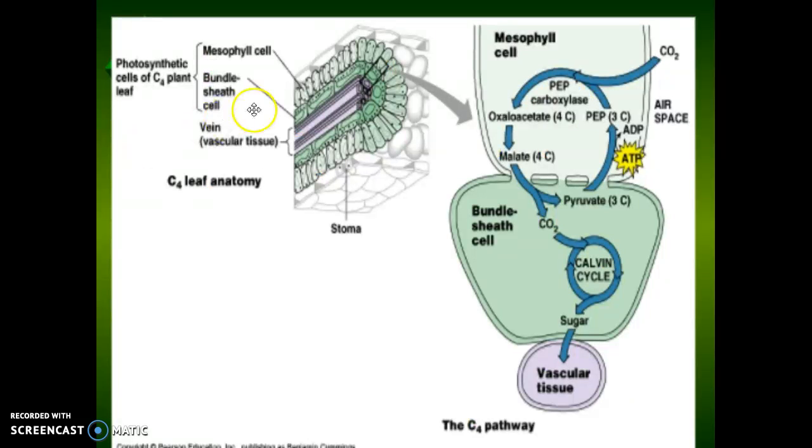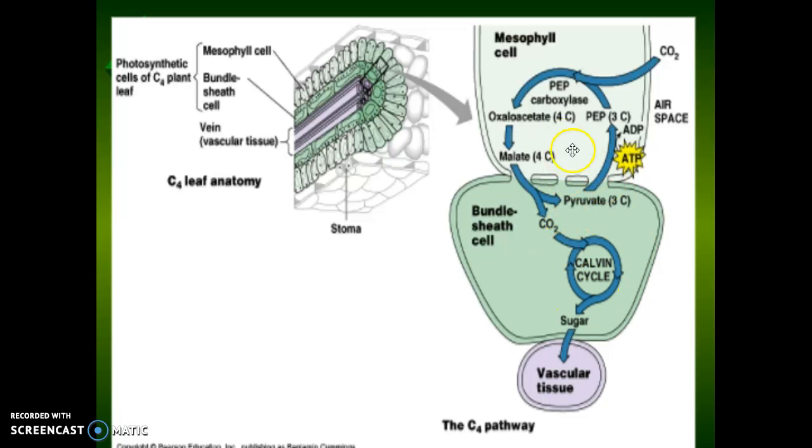So here's what we're talking about. In these cells, we're going to make sugar. They can't receive light directly anyway. These mesophyll cells are not going to go through the C3 with the Calvin cycle. They're going to go through the beginnings of the light reaction. They're going to pass some of the raw materials into these bundle sheath cells, and they're going to make sugars.